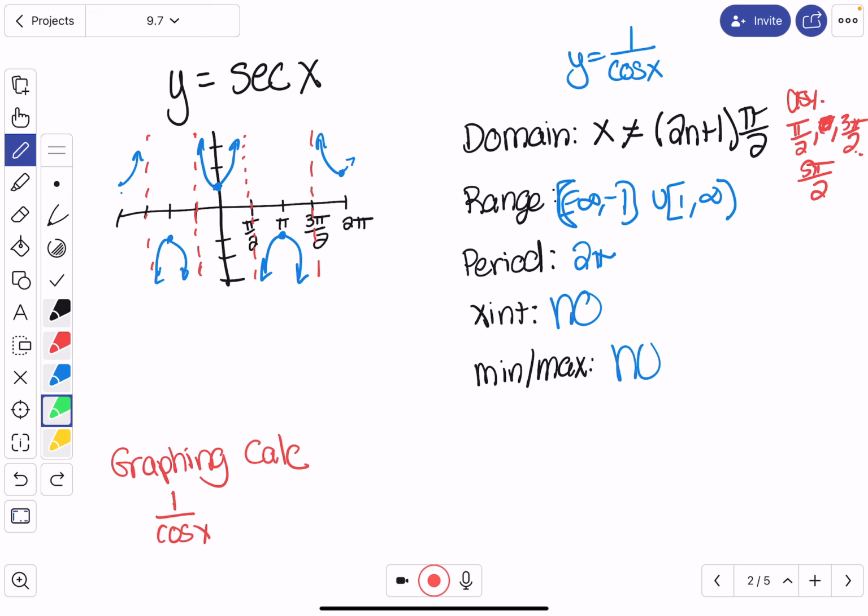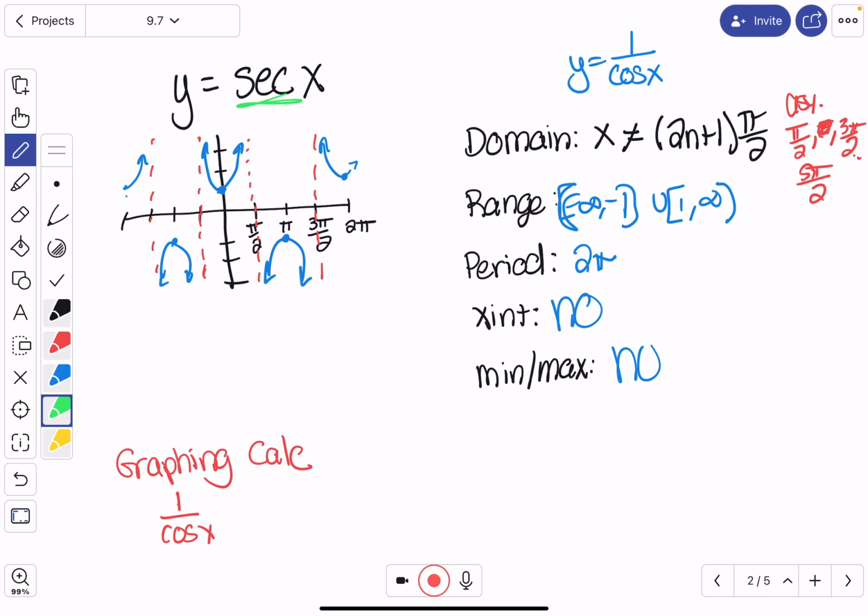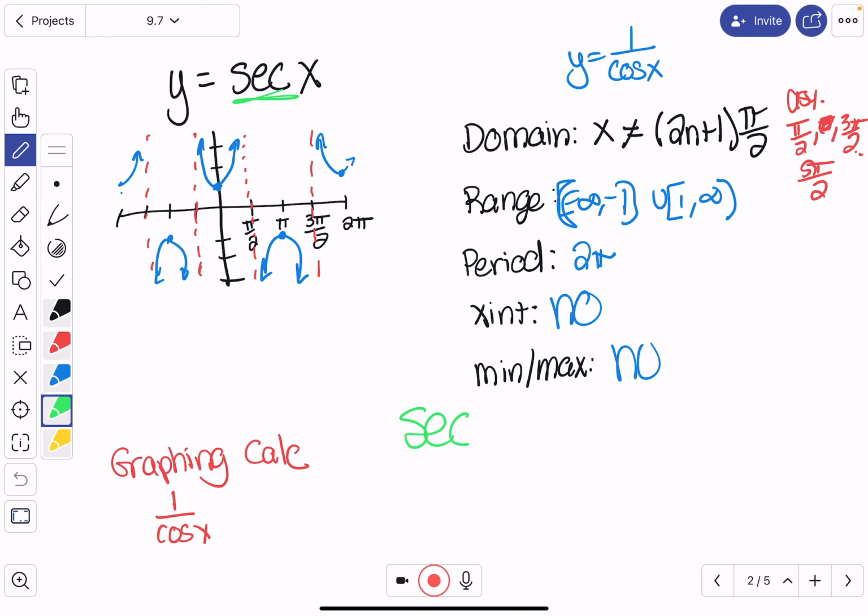On Desmos, you can just choose secant as a function. On a graphing calculator, you need to do 1 over cosine in there. So if it was secant 2x, you would do 1 divided by cosine 2x. You do need to know which is which because they're shifted.